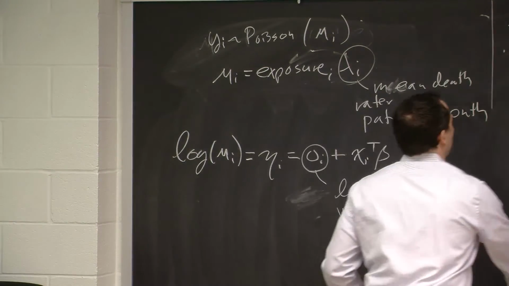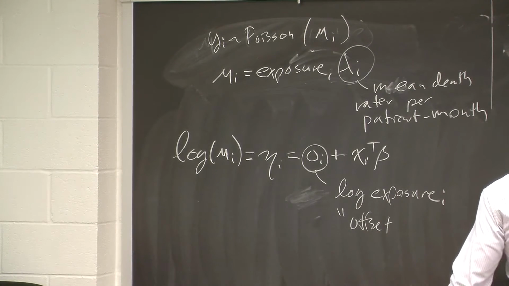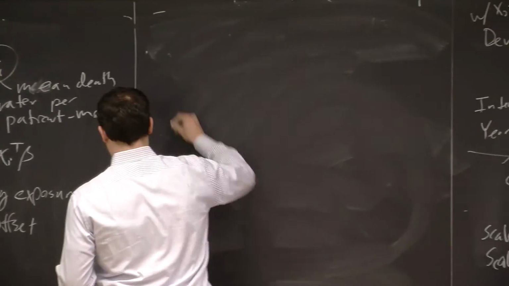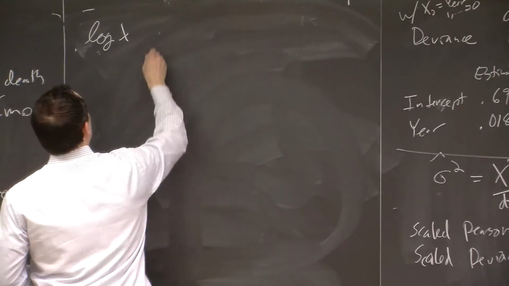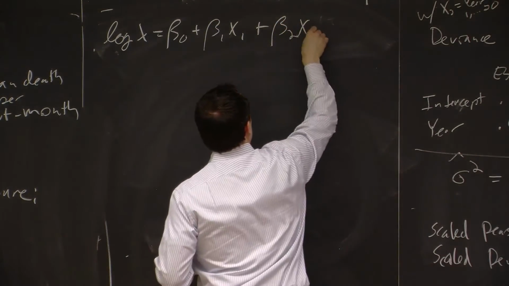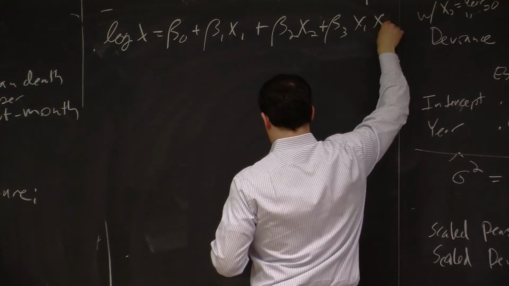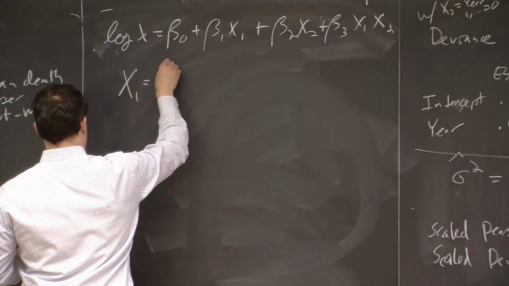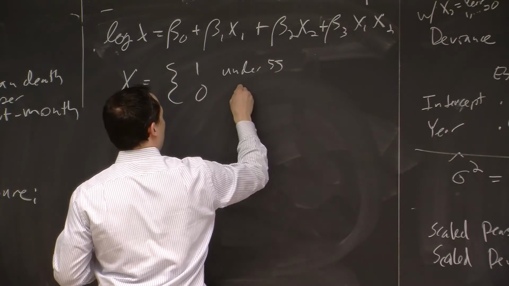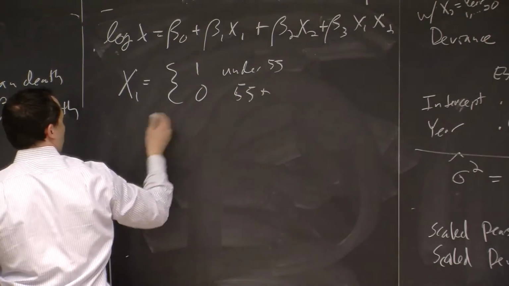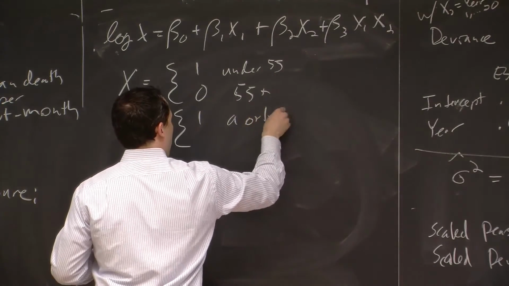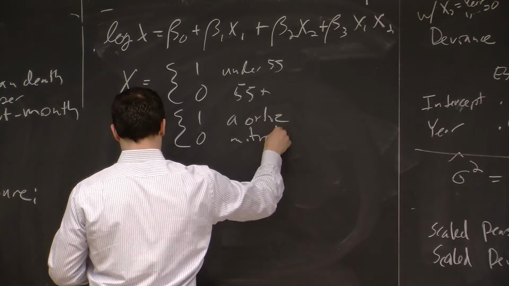So let's look at the saturated model. That the log of lambda is equal to beta naught, the intercept, plus beta 1 x1 plus beta 2 x2 plus beta 3 x1 x2, where we have dummy variables which code 1 for under 55 and 0 for 55 or greater, and 1 for aortic, and 0 for mitral valve.